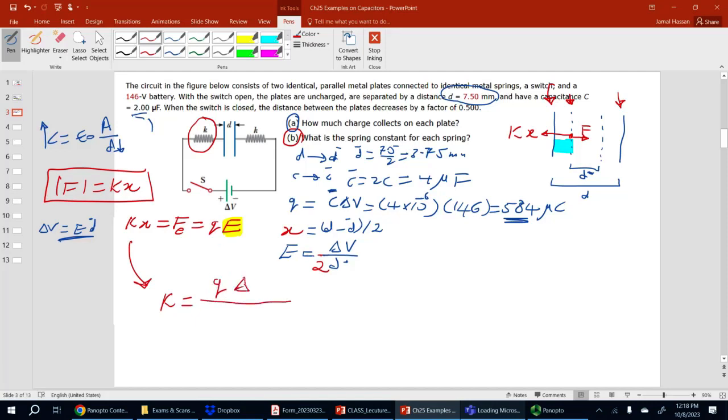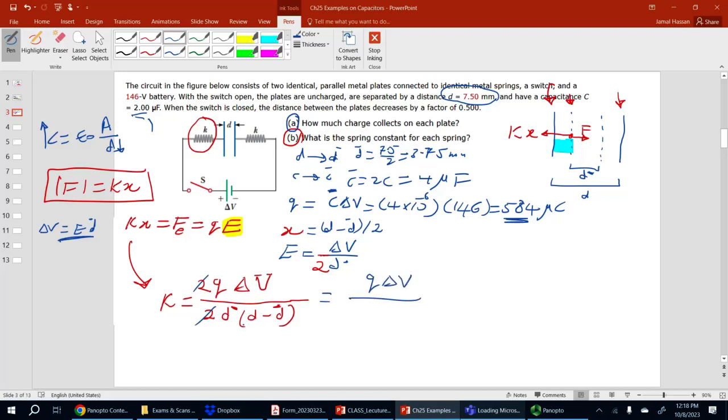E is delta V. This is 2D prime. This is E. QE divided by X. X is D minus D prime, divide by 2, so the 2 will be here. This 2 will be cancelled out by that. Equal to Q delta V.